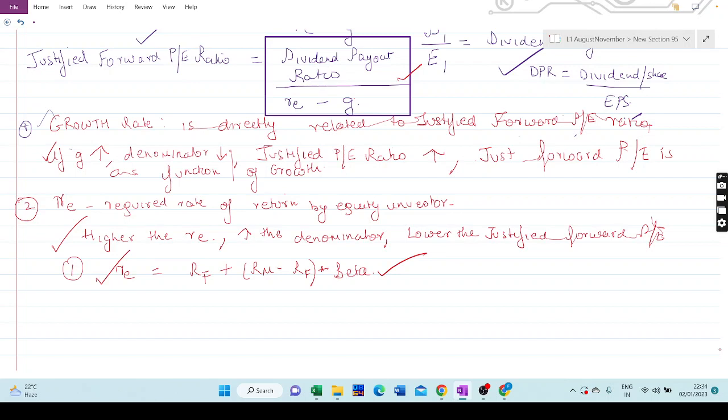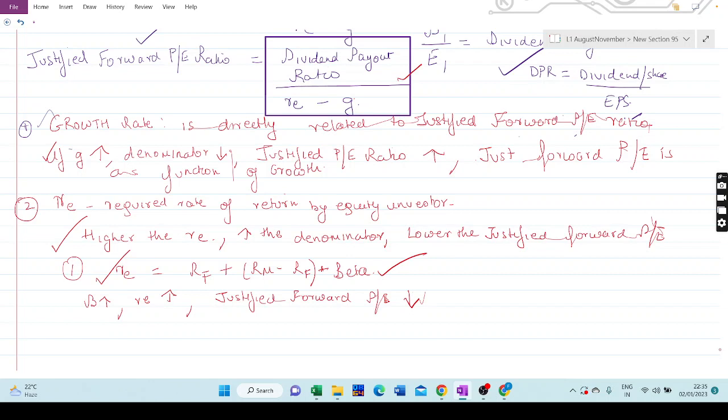If beta is high, required return would be high, and justified forward P ratio would be low.